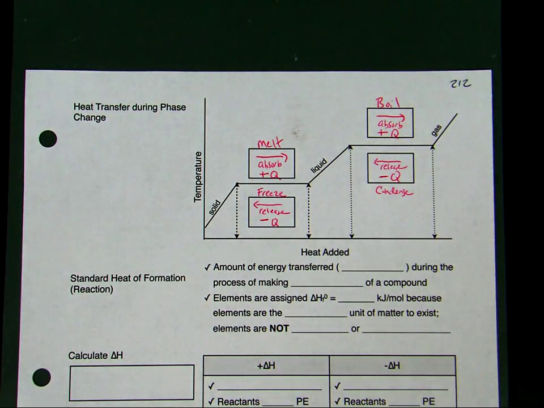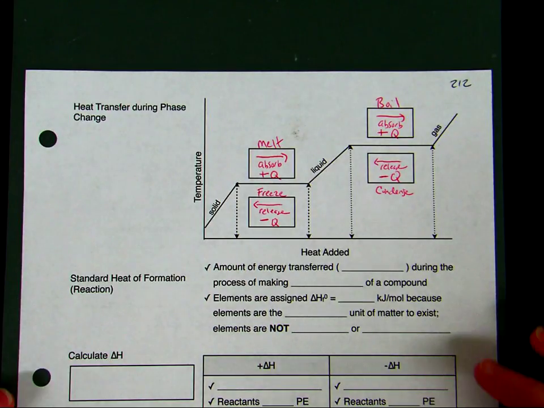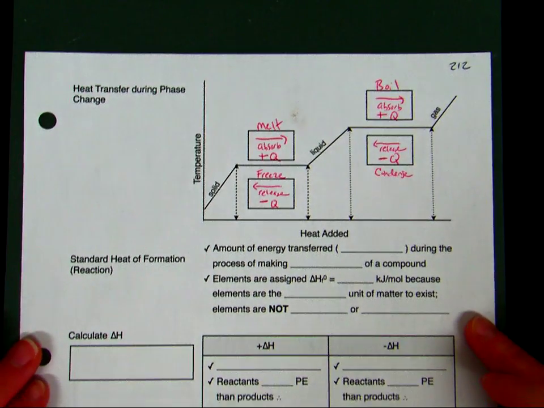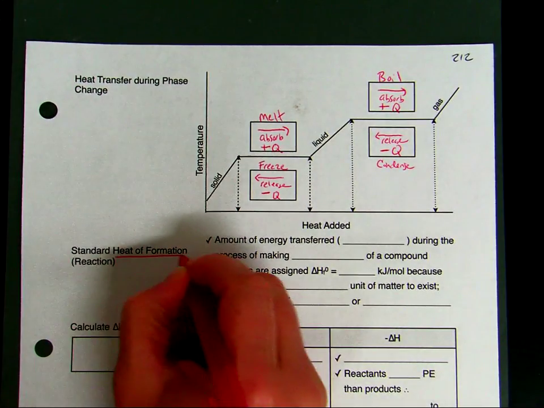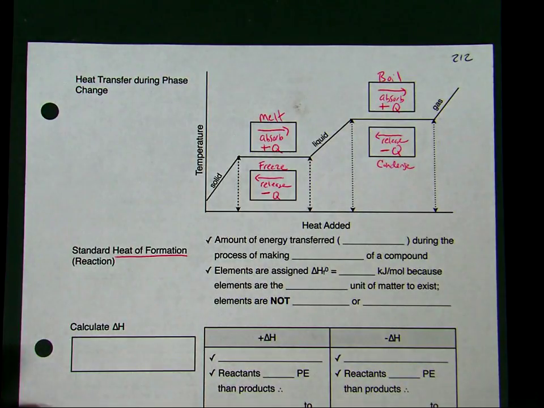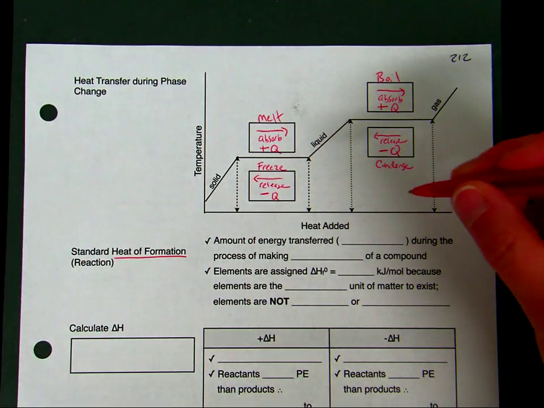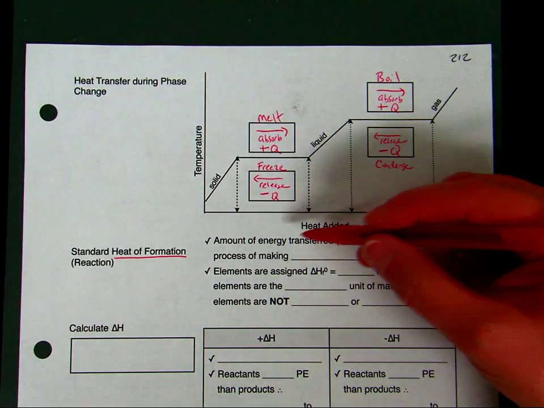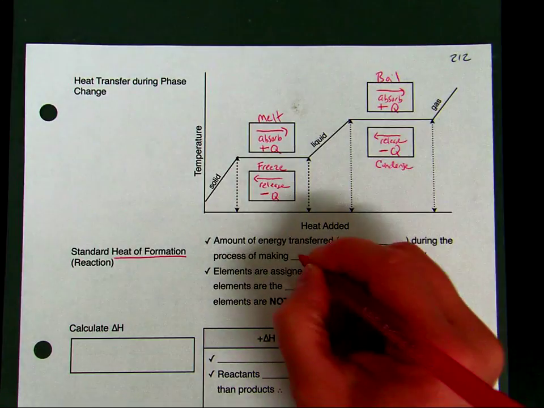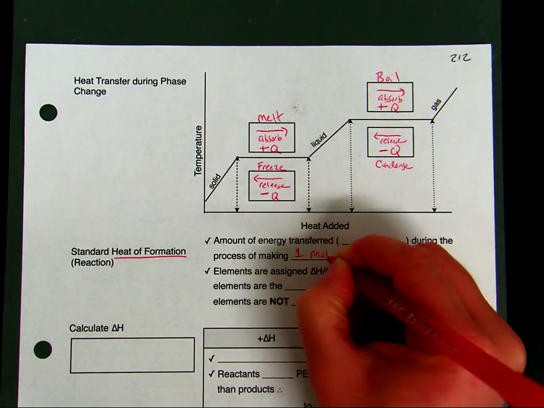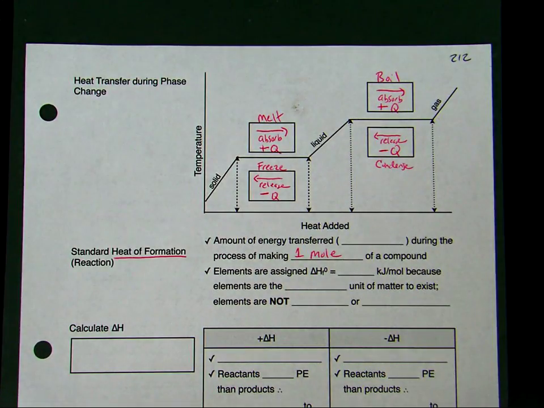removed from the sample. So now we're going to talk a little bit more about compounds and their heats of formation. How this is the amount of energy transferred during the process of making 1 mole of a compound.